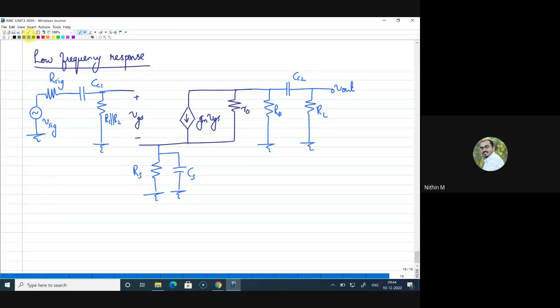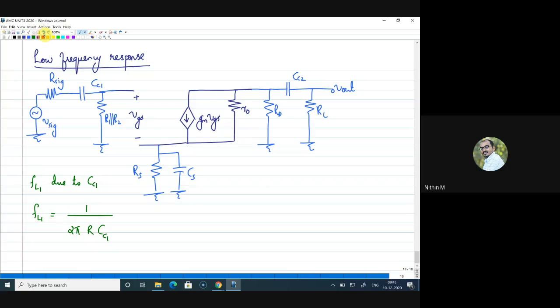If I want to find FL1, which is the cutoff frequency due to CC1, I know frequency can be written as 1 by 2 pi R into C, where C is this capacitance itself, CC1, and R is the sum of the resistance connected at both ends of the capacitor.